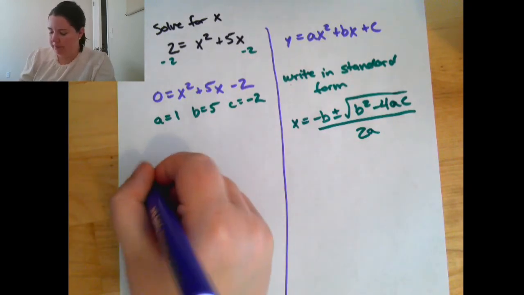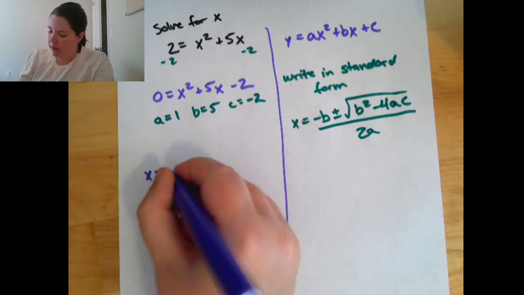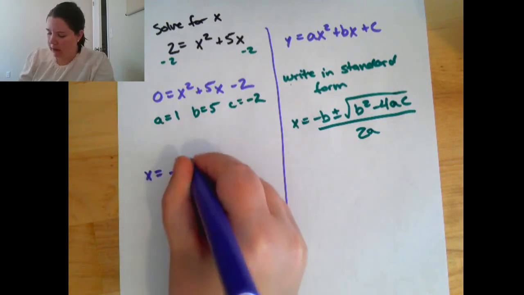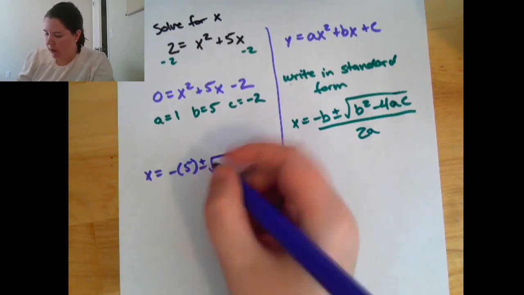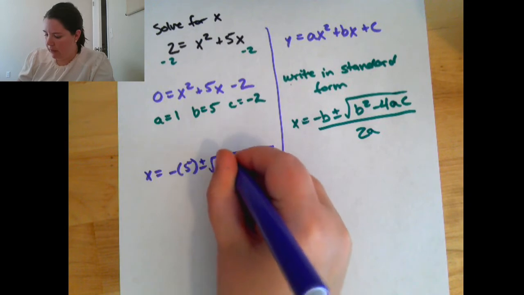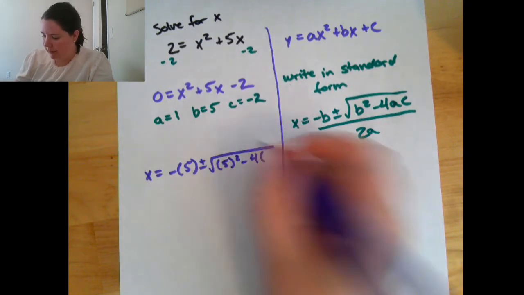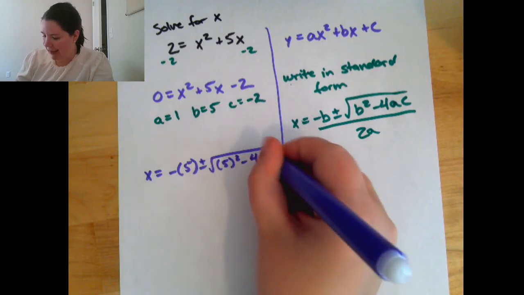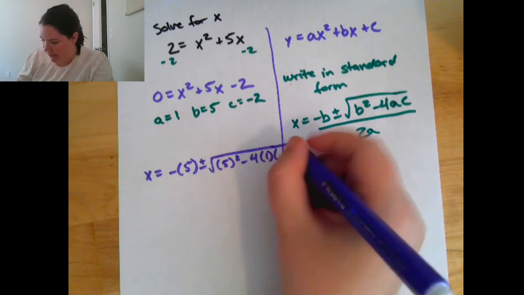Let's do that. X equals -b plus or minus the square root of b squared minus 4, gonna run out of room again, ac, which is -2.